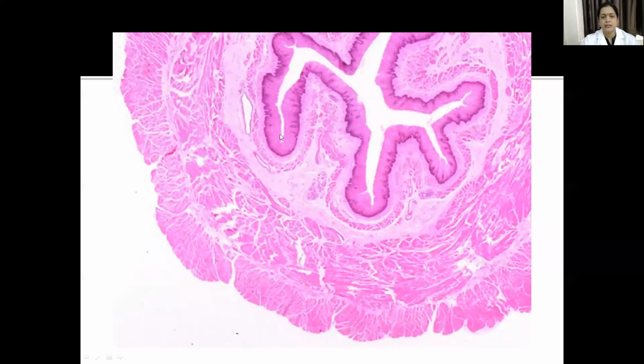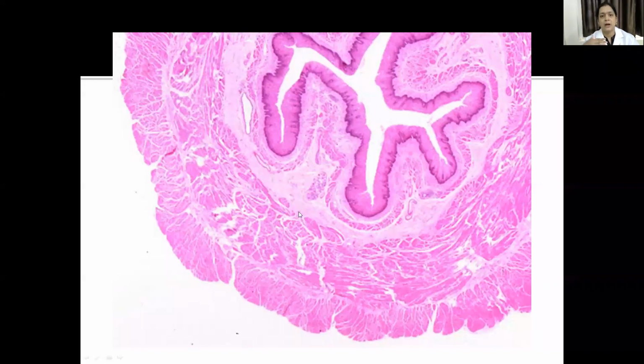So here you see, this is stratified squamous epithelium. This is the lamina propria. This is the muscularis propria. And this is the submucosa. Here you can see the mucosal glands. And then this is the inner circular layer and the outer longitudinal layer. There is this distinction about the esophagus that the upper 2/3 contains striated muscle, which will help in the propulsion of the food, and the lower 1/3 consists of smooth muscle layer.